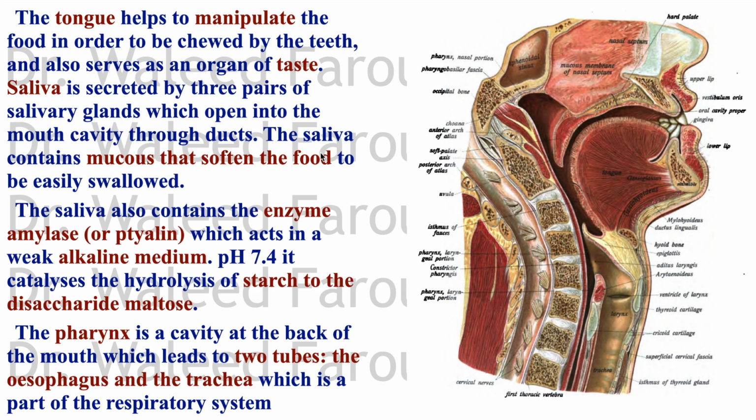Okay, and acts on what? Starch, carbohydrate. So the digestion of carbohydrate, as I told you before, starts in the mouth. Also, I forgot to tell you that the tongue, in addition to manipulating the bolus of food, provides taste because it has taste buds on it.